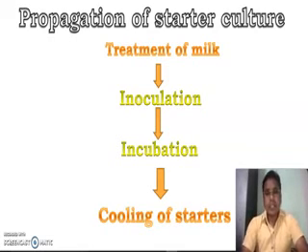After the incubation, the next step is the cooling of the starter. The culture is cooled to stop further development. Refrigeration appears to give the appropriate cooling effect. After incubation, further fermentation is stopped, and the culture is cooled.